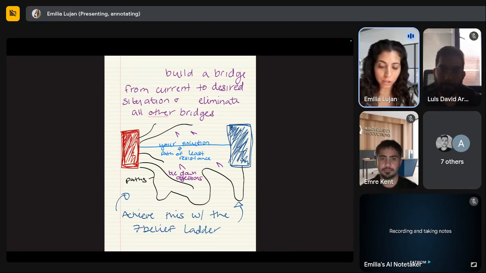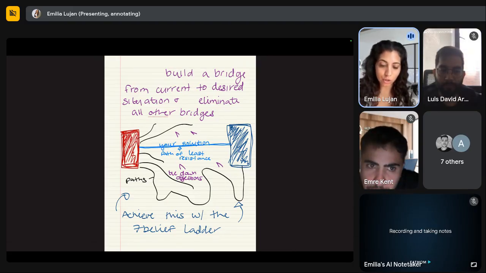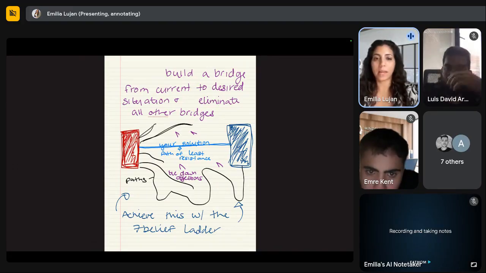And what we want to make sure that people know, whether we're doing an awareness campaign or we're developing a YouTube video with a specific topic, is that we want people to see the solution as the path of least resistance. Least resistance meaning that everything else that they try, that you could see here, is a dead end, or it's so complicated that they're never going to get there. So our path is the one of least resistance.